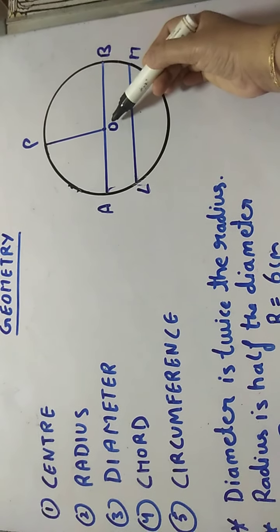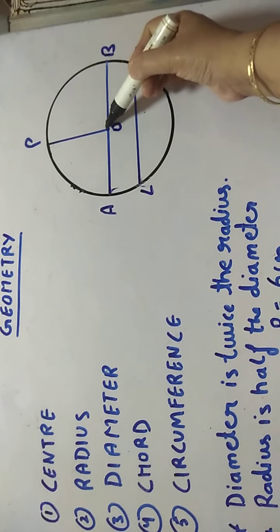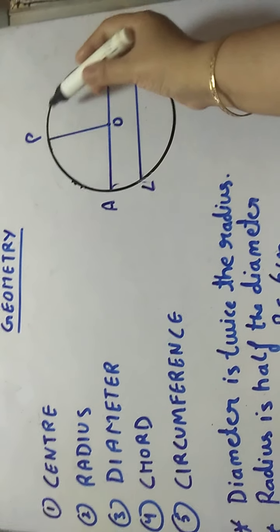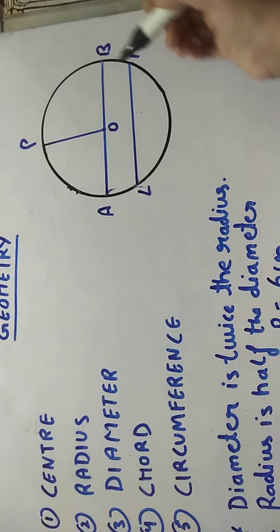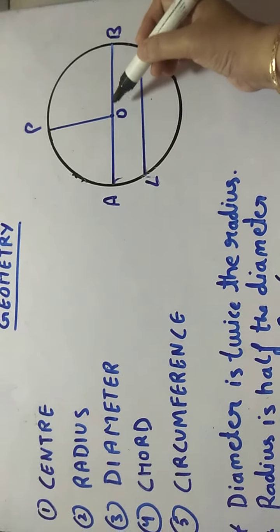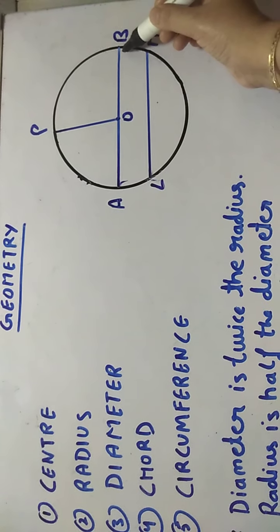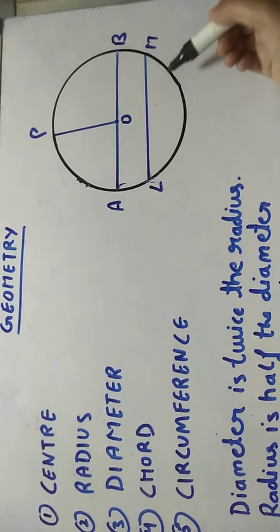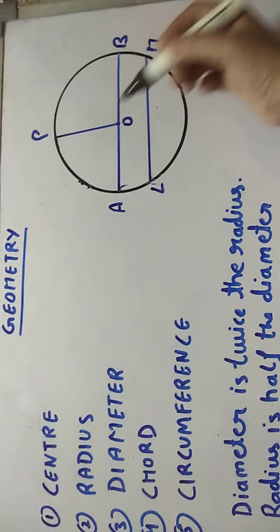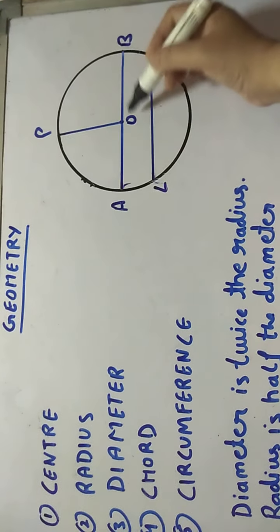Center is that point from where if we join any point on the circle, then all those line segments which are formed are equidistant, they are equal. Like if I join O with B and O with P, so OB and OP are equal. OA is also equal to OB and OP.